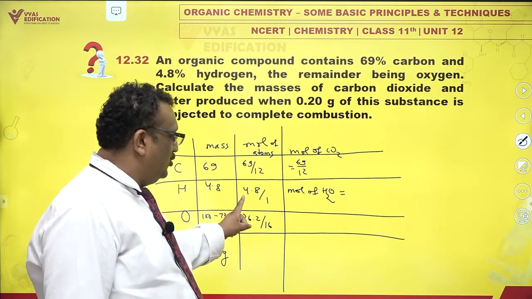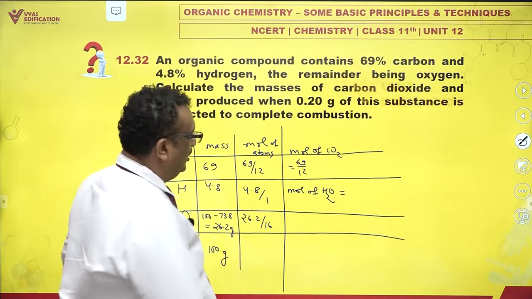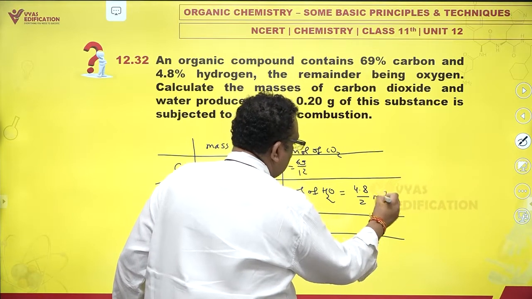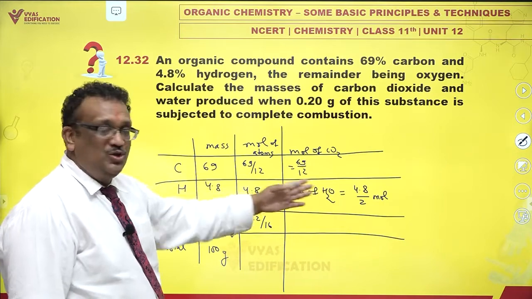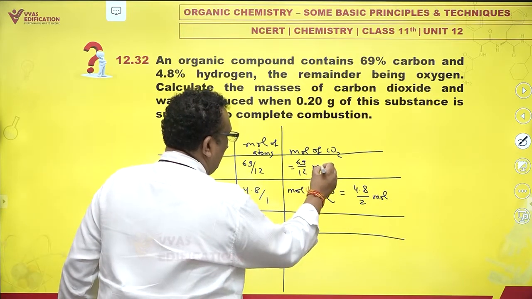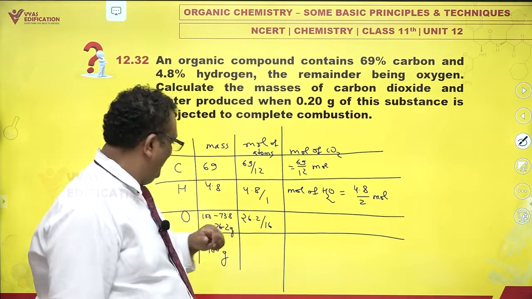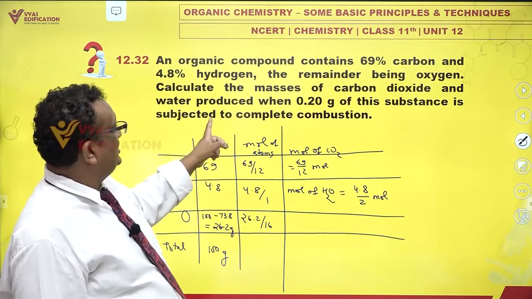If you have 4.8 moles of hydrogen, you would get 4.8 upon 2 moles of water. So these many moles of water and these many moles of carbon dioxide.